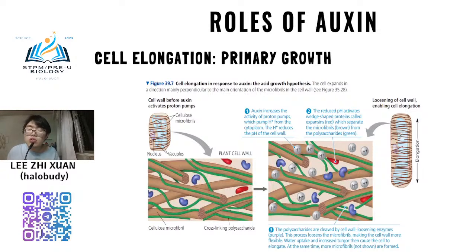So you need to loosen the cell wall first by separating the microfiber and cellulose, so that the polysaccharide can be degraded, and then the microfiber can be loosened, making the cell wall more flexible, so that the water molecules come into the plant cell and fill up the vacuole, so that it can increase its size. So this is the major function of auxin.